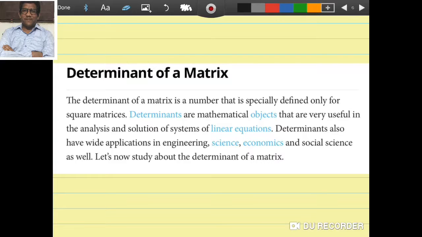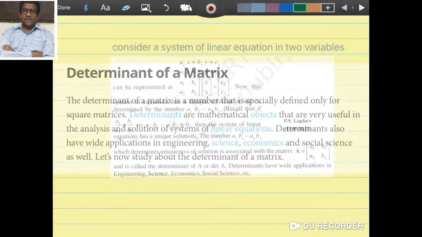Determinants are mathematical objects that are very useful in the analysis and solution of systems of linear equations. Determinants also have wide application in engineering, science, economics and social science as well. Let's now study the determinant of a matrix.